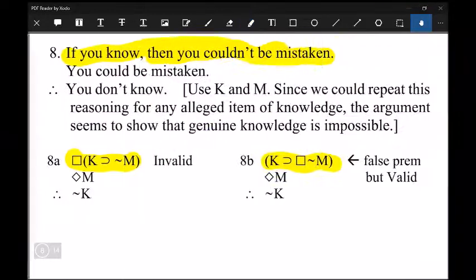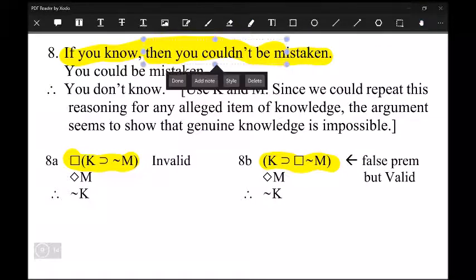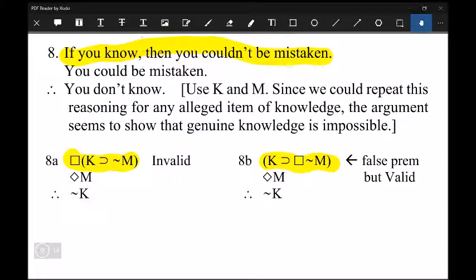And that's the same with this one. If you know, then you couldn't be mistaken. But you could be mistaken, therefore you don't know. Now, this could mean this one. If you have knowledge, then you're not mistaken. And that's necessary. It's necessary that if you have knowledge, then you're not mistaken.